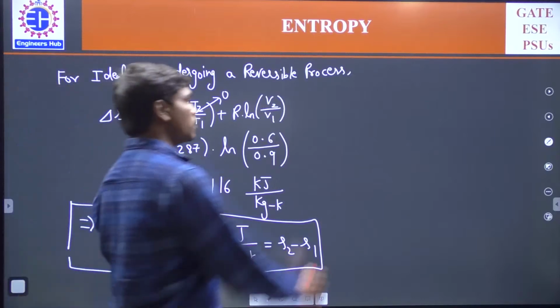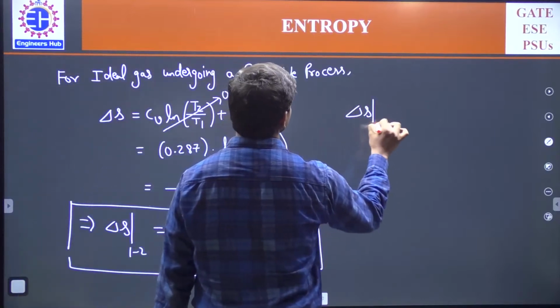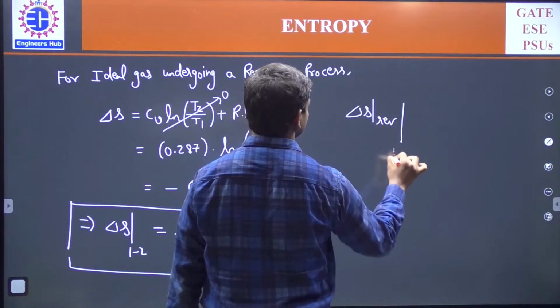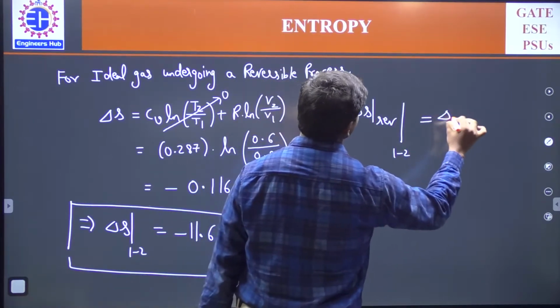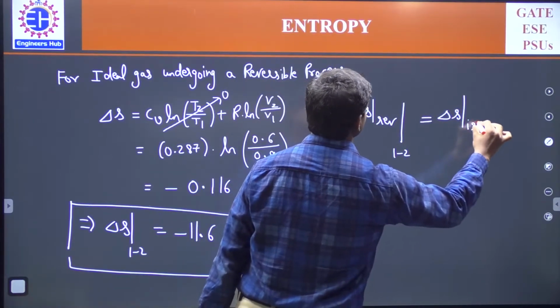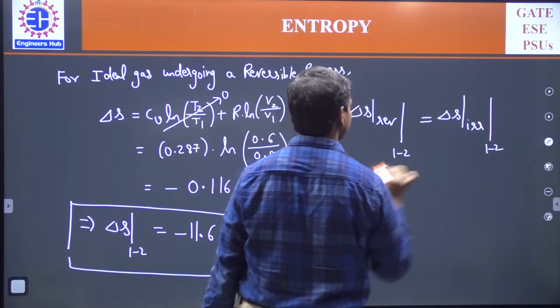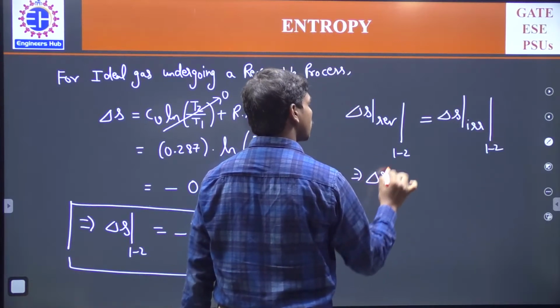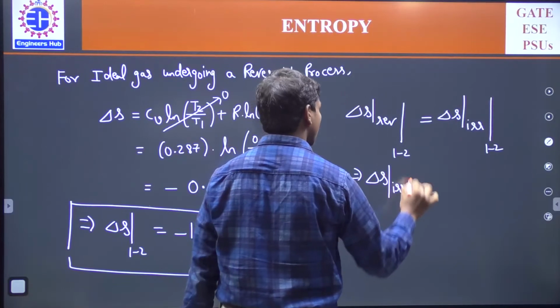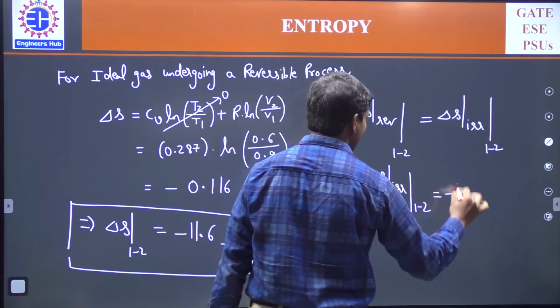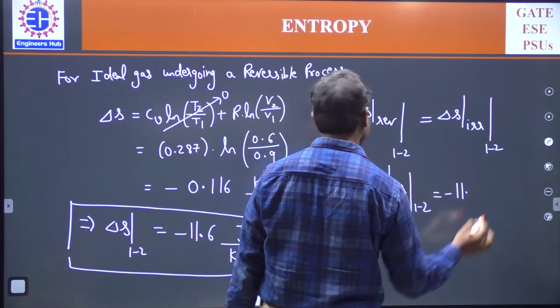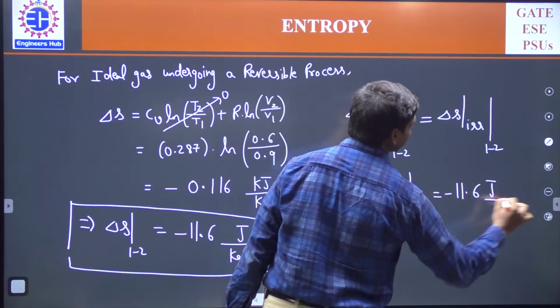Since delta S along a reversible process for 1 to 2 is the same as delta S along an irreversible process along 1 to 2, this implies delta S of the irreversible process along 1 to 2 is equal to minus 11.6 joule per kg Kelvin.